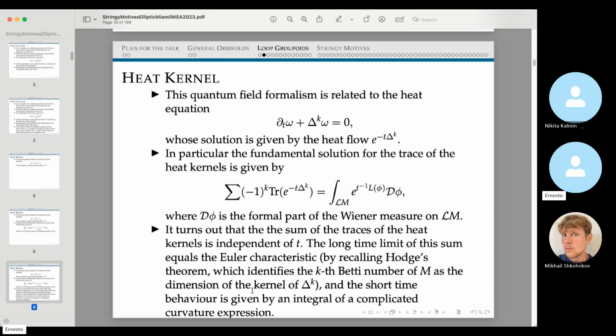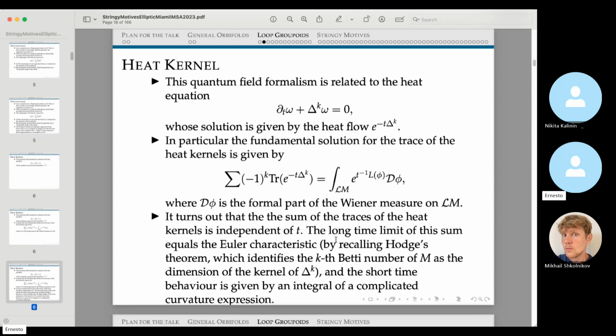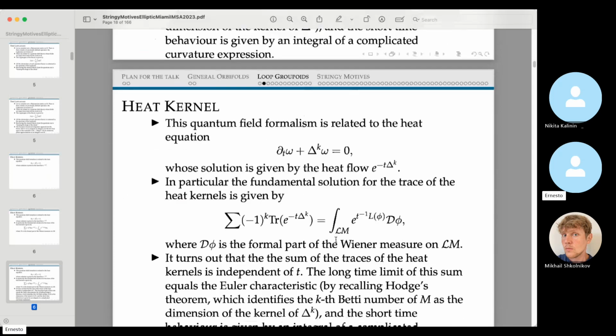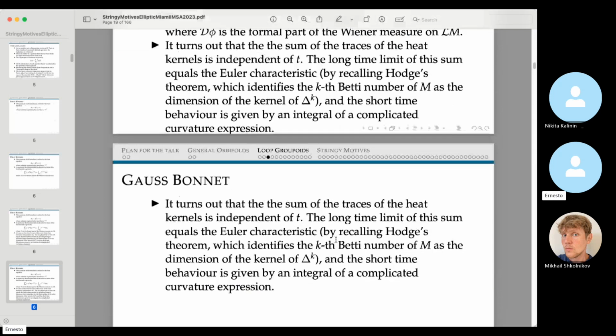And the short time behavior is given by an integral on M. So you localize this integral. You say, well, where does this integral take the most relevant values? And in the limit, what you get is this.